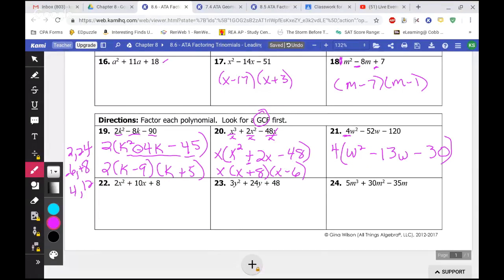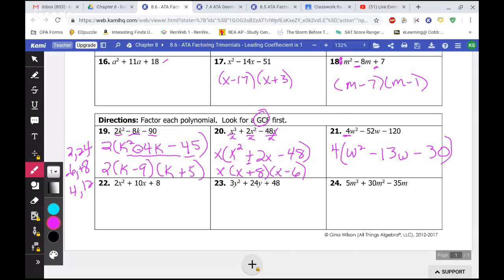Okay, so I'm looking for two things that multiply together to give me negative 30, but when I combine them, give me a negative 13. Right away, the first thing that came to my head is 10 and 3, because 10 plus 3 is 13. But don't forget, one of them has to be positive and one has to be negative.